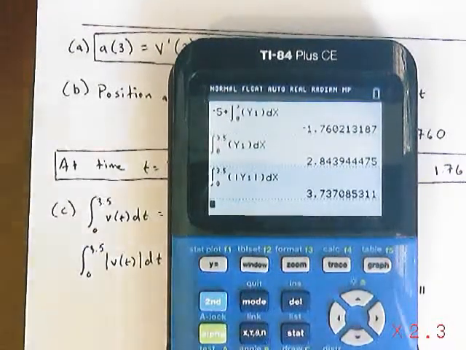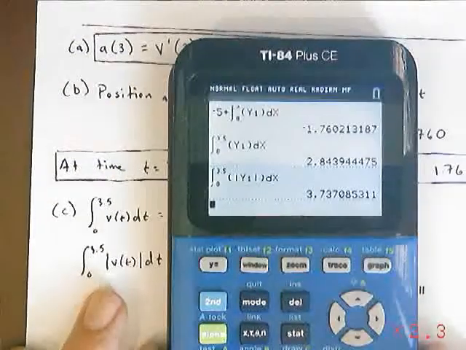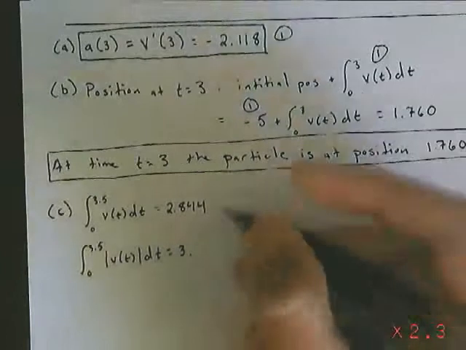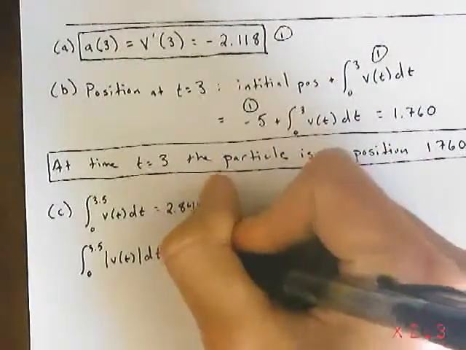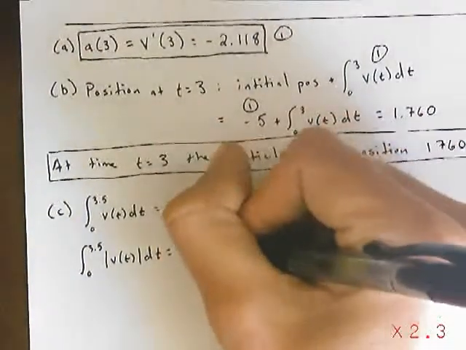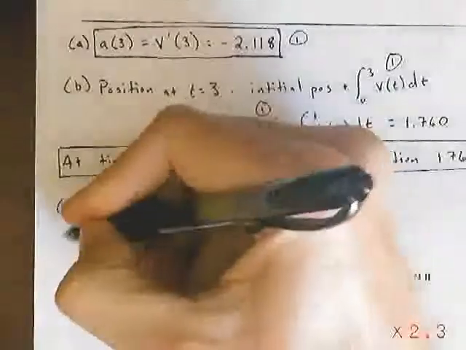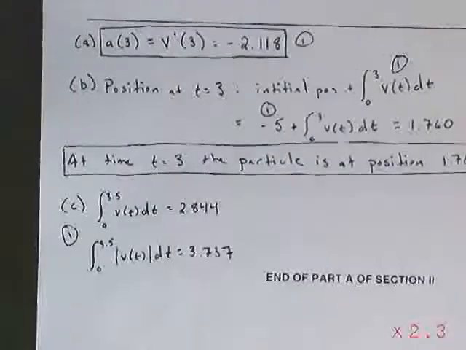And calculator's thinking, okay. And look at that, 3.737. So it is a bigger number, which kind of confirms our concept. So that is 1 point. Just getting those two, you get 1 point for both of those.